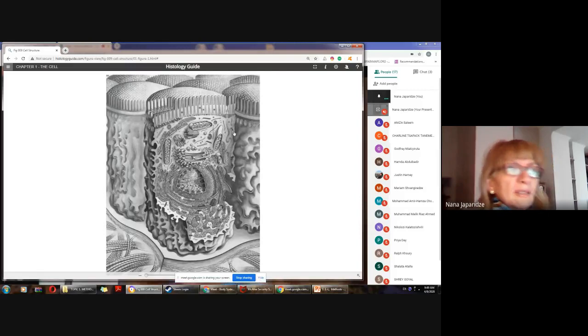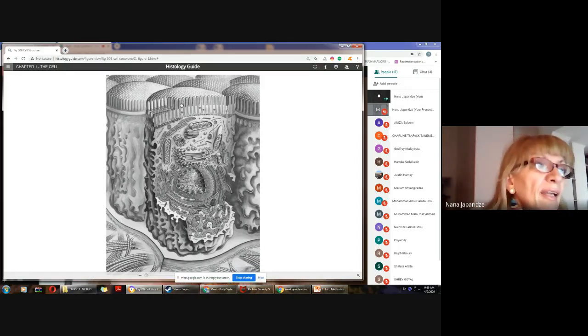This is an epithelial cell, three-dimensional view, with the free apical surface, and on the apical surface you can identify these small protrusions which are called microvilli. Each of them is a microvillus, and in the plural, microvilli.